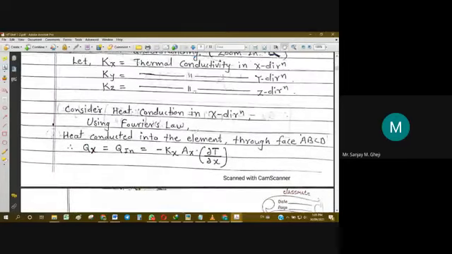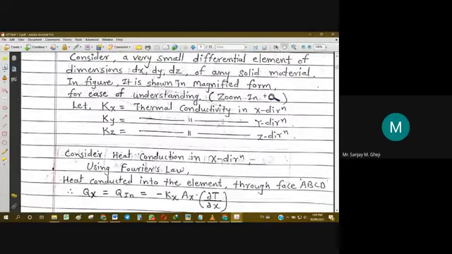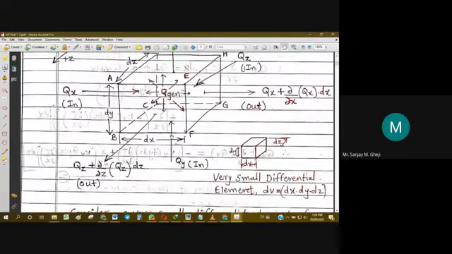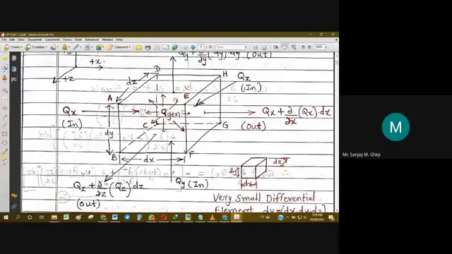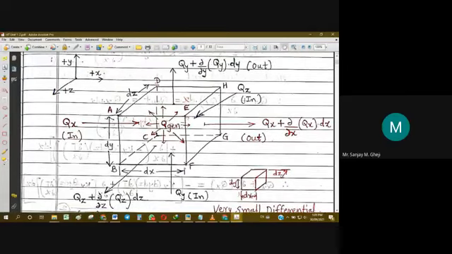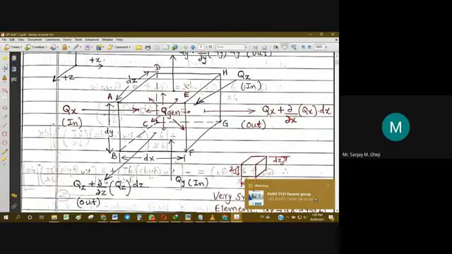Since there are limitations on this screen, I have to roll back and forth. Okay, so this is the diagram, and this is the outlet area EFGH, and the area of EFGH will again be the same, dy into dz.